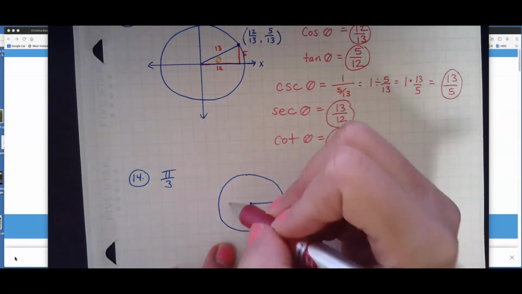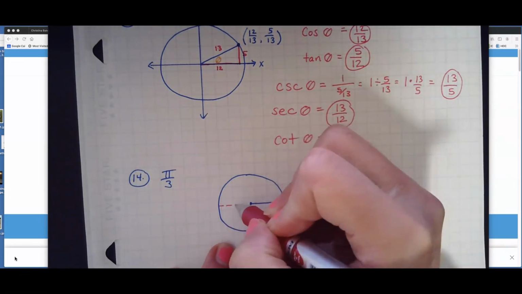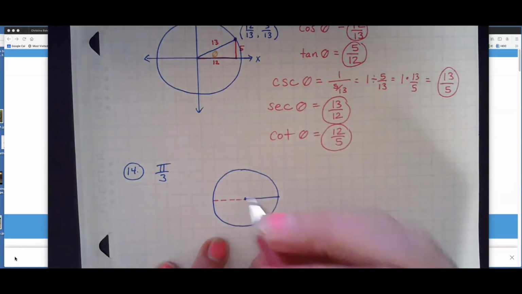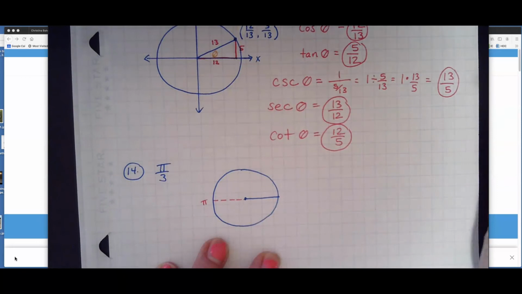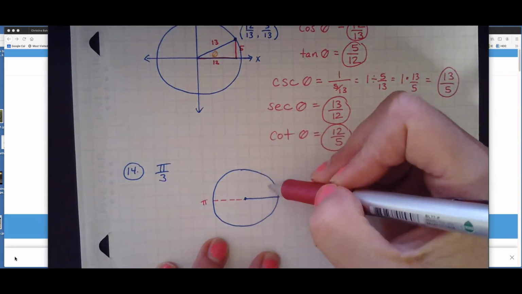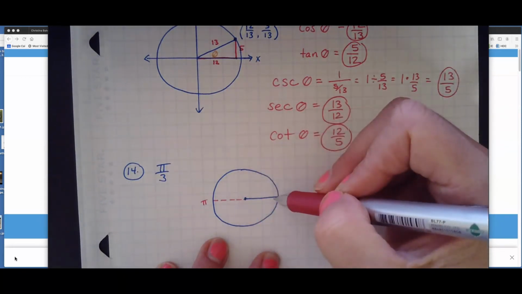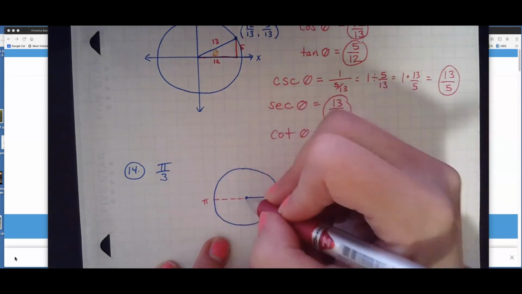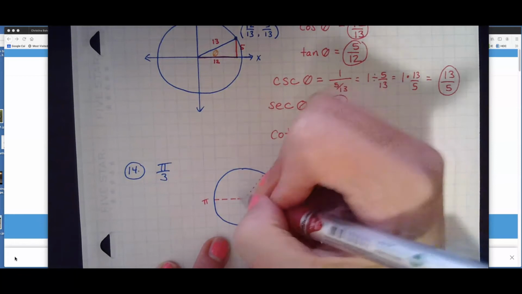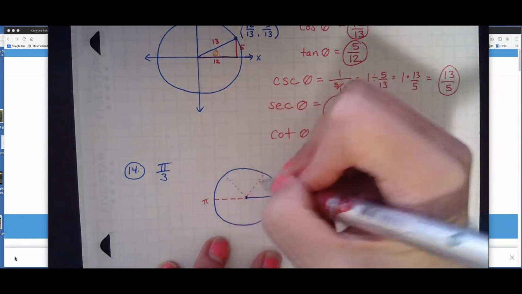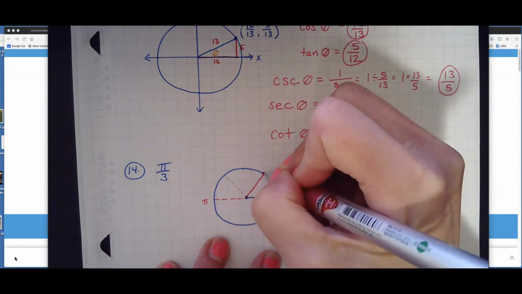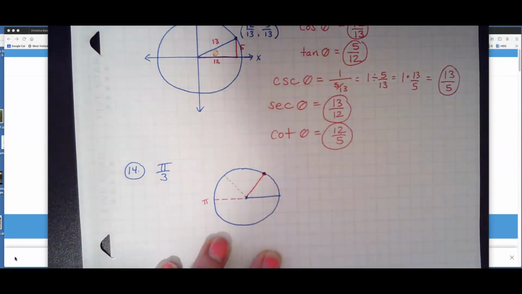To locate pi over 3, I like to draw in my half circle, because I know that this spot over here is going to be pi. I'm going to divide that upper half into 3 equal parts because the denominator is 3. So pi over 3 is going to end up somewhere right about there.